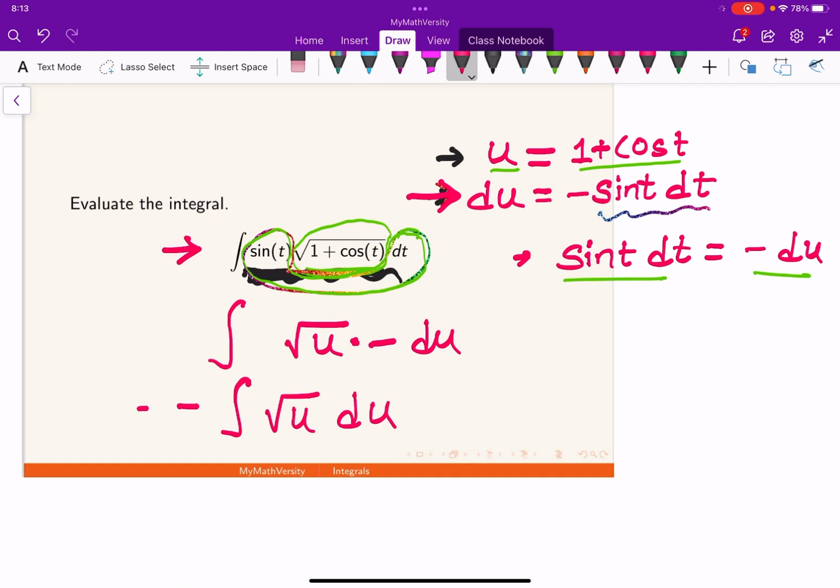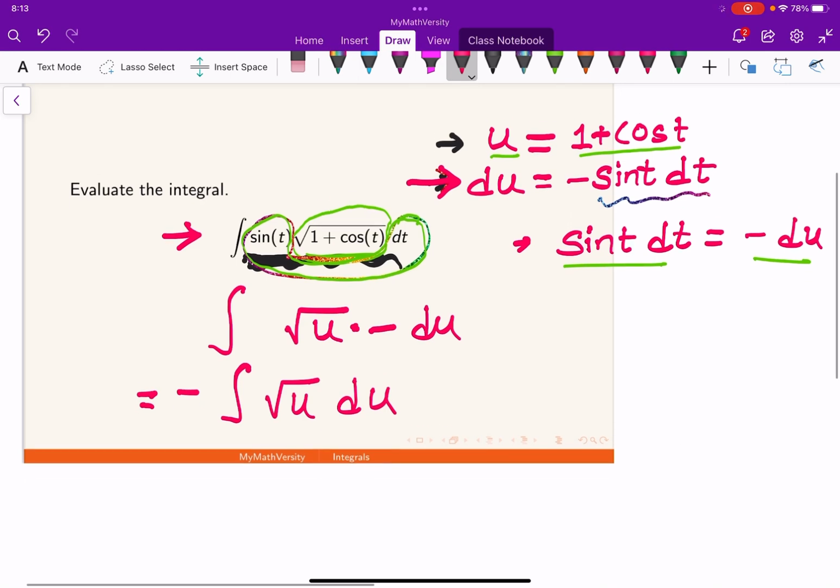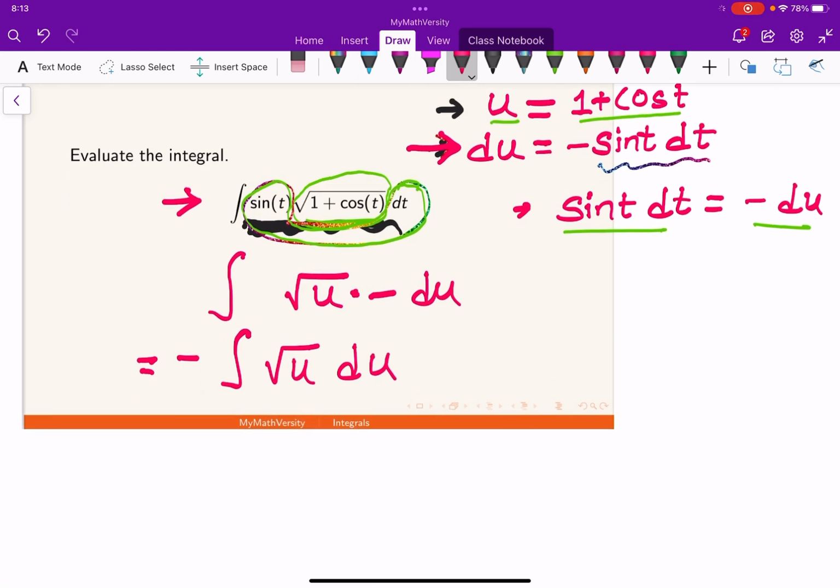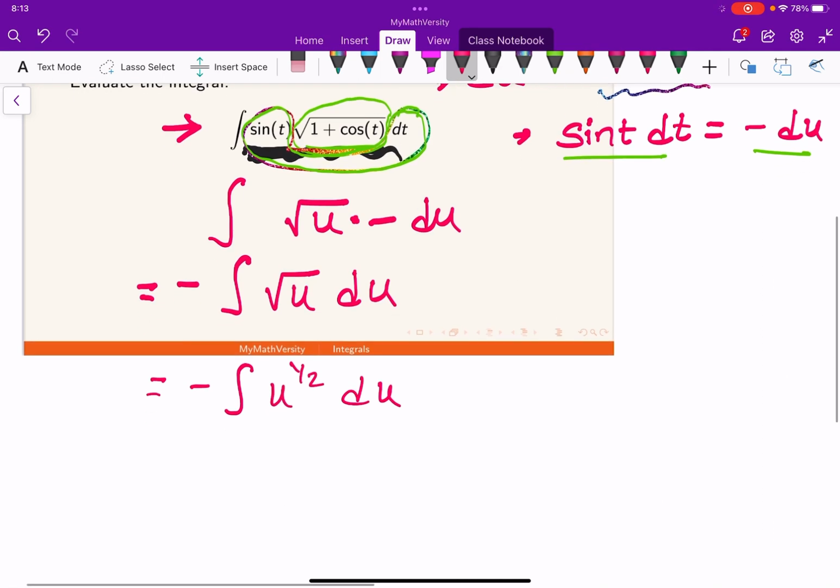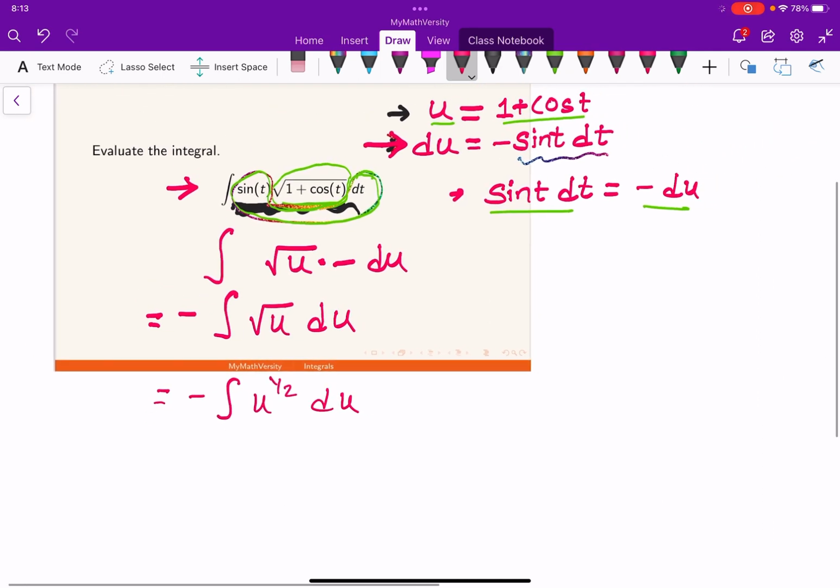So what we have received is a much simpler integral, right? Why is it much simpler? Because we can immediately integrate: the square root of u is u to the power 1/2 if we change it into an exponent. Then we can use the power rule for the antiderivative.